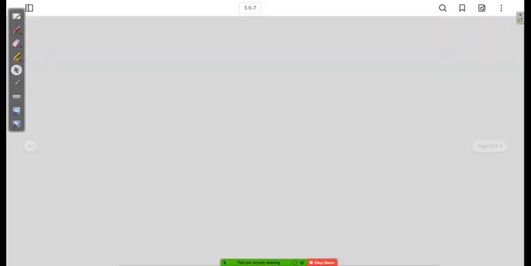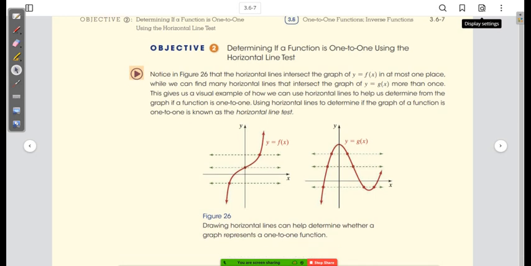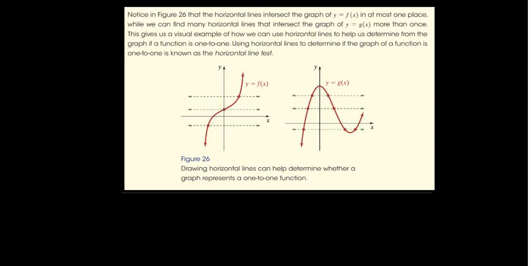Hopefully, I covered that right. All right, so luckily for you, there is a nice handy-dandy little test you can run, and it's called the horizontal line test. The vertical line test helps you determine if an equation is a function.